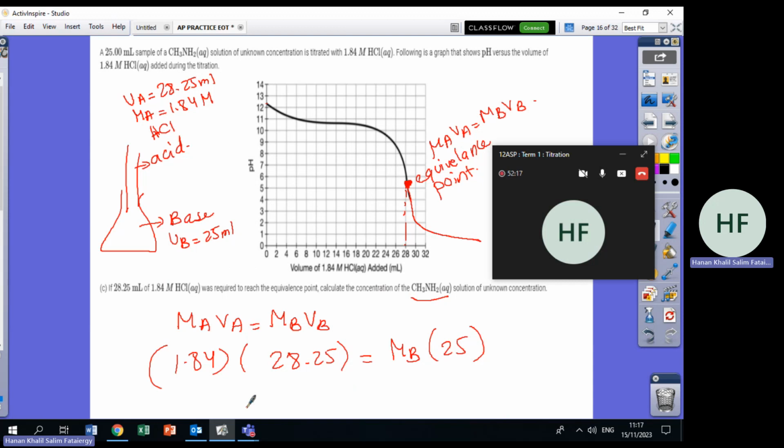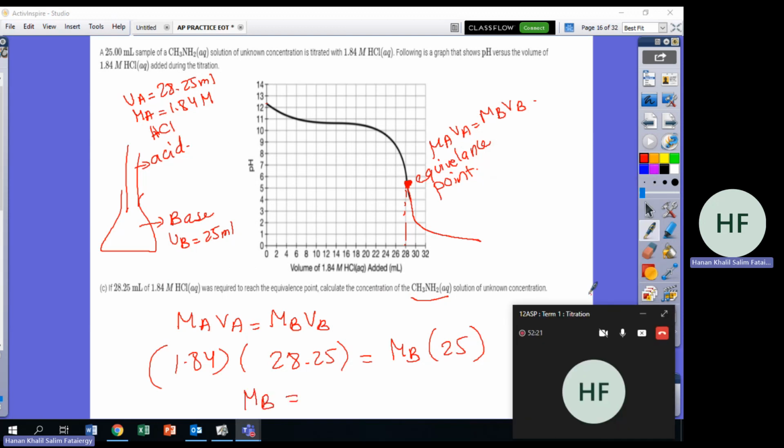Okay, I will use this to calculate the molarity of the base. I'm sorry, I cannot do the calculation because I want to rush.